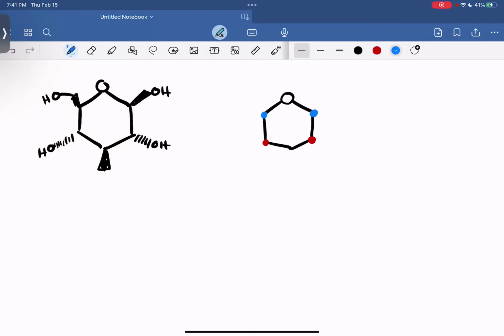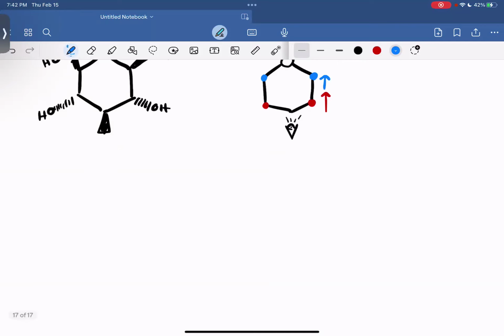We are going to look at it just like we did in Newman projections, from our face, looking at it from the red to the blue side. That red carbon is going to be the front, and that blue one's going to be the back. And what does that look like?